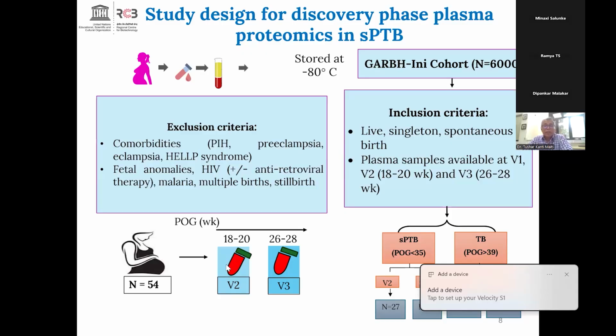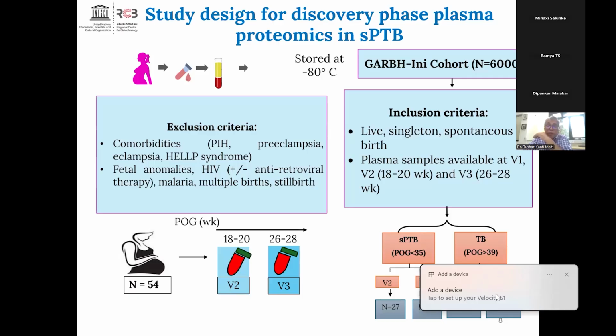If we can predict something at this time point, it will be very useful for the clinician to find a solution, or some strategy to stratify the mothers. The 26 to 28 weeks time point is used when the mother undergoes the OGTT test, particularly for the gestational diabetes assessment.